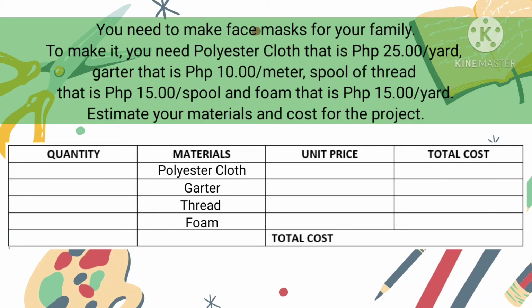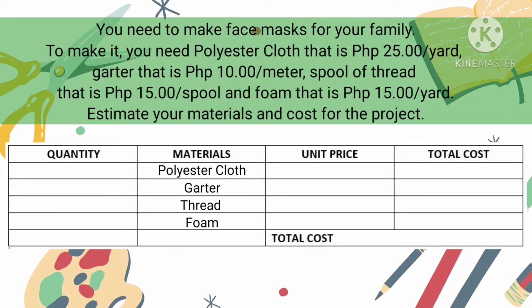For unit cost, it answers the question, how much is each piece of materials? Remember that the cost we are going to write is the cost for 1 piece, 1 inch, 1 centimeter, 1 meter, 1 yard, 1 spool, or 1 box.